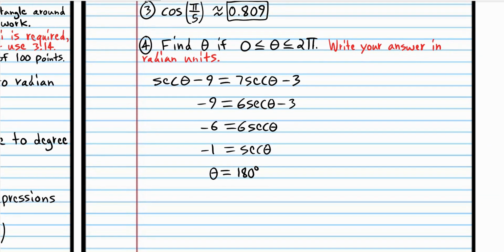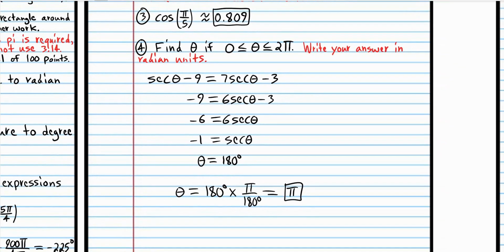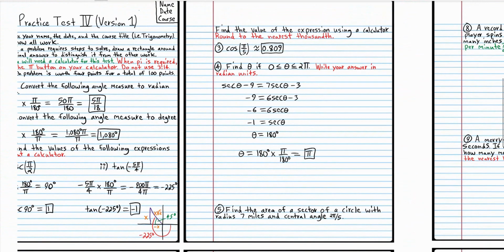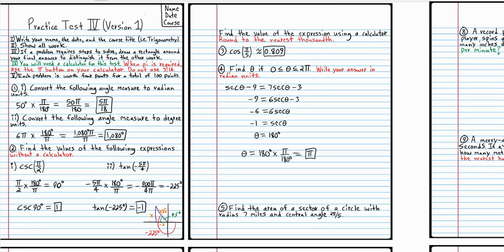But we're supposed to write our answer in radian units. So I'm going to multiply by pi over 180 degrees, and we see that 180 degrees is the same thing as pi radians. So there you go. So if you got that right, good. If you're a little rusty on these problems, that's okay.